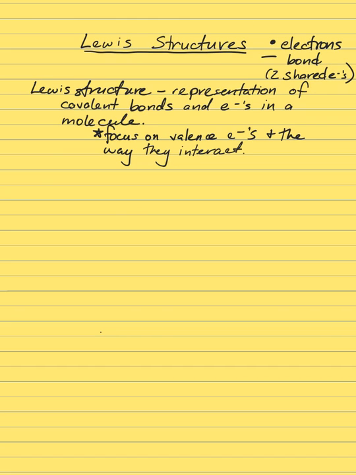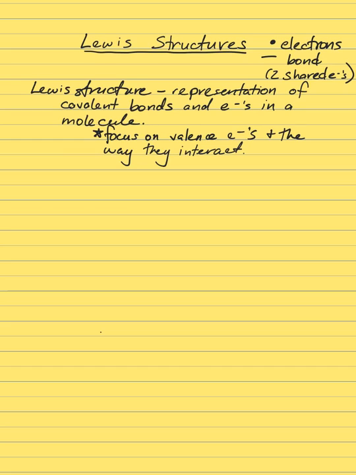Valence electrons are something we learned about in the last section on electron configurations. They are the electrons in the outermost energy level, that outermost shell of electrons that generally corresponds to the row of the periodic table.